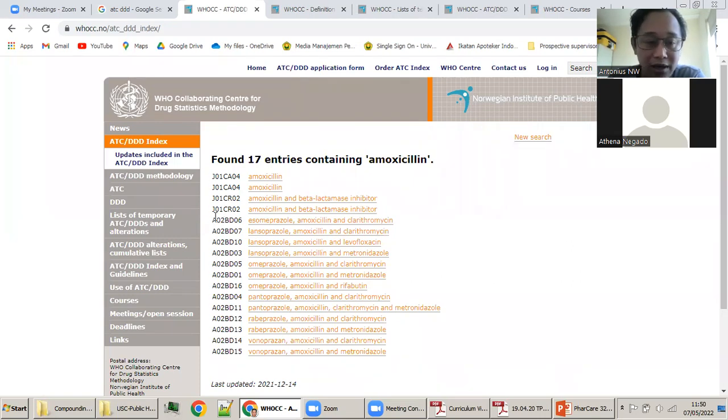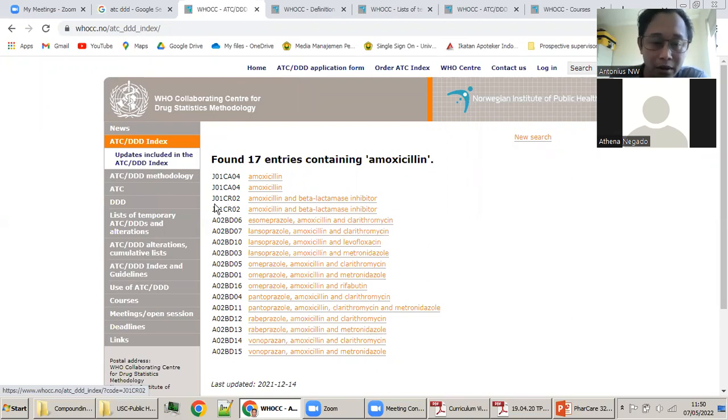So we have J and A, so we have a lot of different amoxicillin. J01CA04 is amoxicillin in the single form, while the other codes are in combination with other drugs.